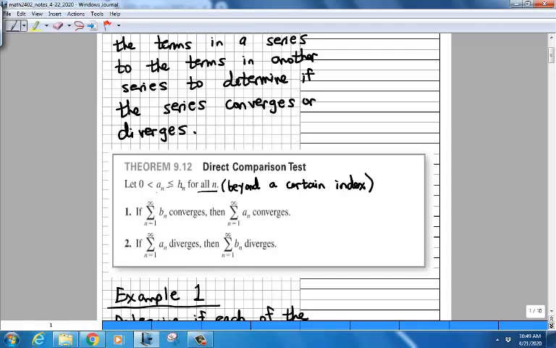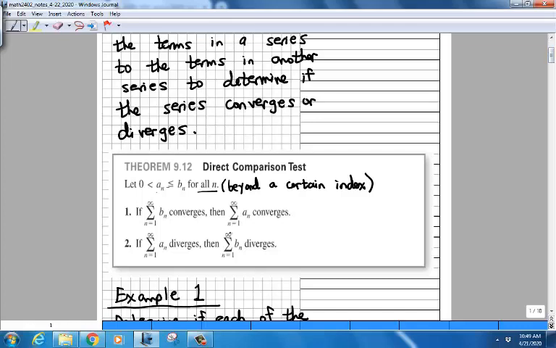If the terms of one of the series dominate the terms of the second series just beyond a certain index, but not all indices, then this theorem will still apply. So you can still draw the same conclusions. Actually, this theorem is stated a little bit stronger than it needs to be.